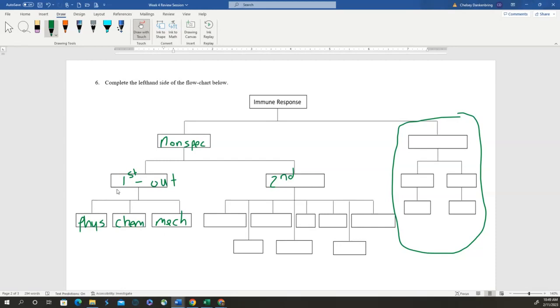Okay. Now, we can also put in here our normal microbiota. I'm going to put that as NM, the normal microbiota, because they are part of our body. You know what I mean? It's not an organ, obviously, but they're in there and they're helping keep pathogens out.